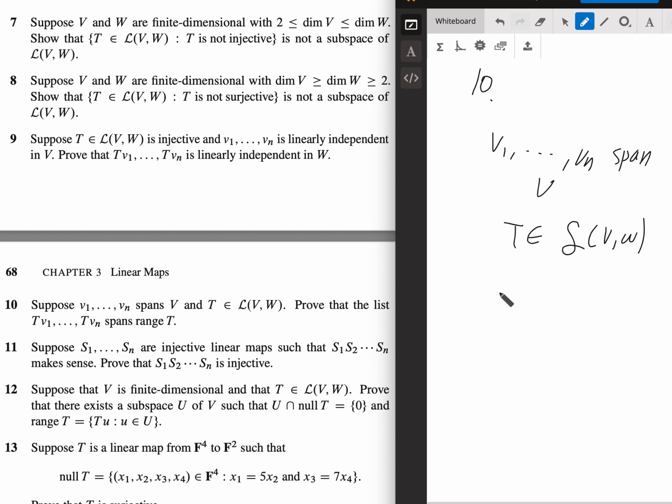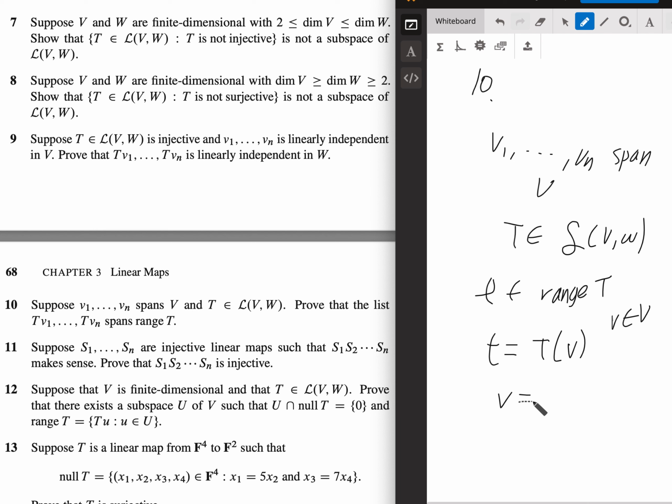The reason goes something like this, right? Suppose you choose some arbitrary element w in range T. Then w must be the linear transformation T acting upon some element v in V. The reason is that w is in the range of the linear transformation, so there must exist some input to make that output.